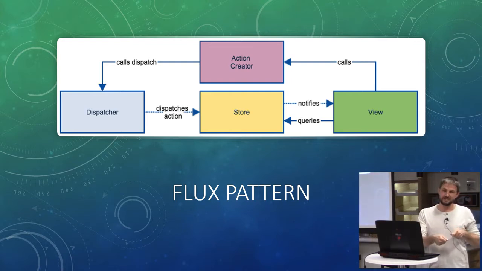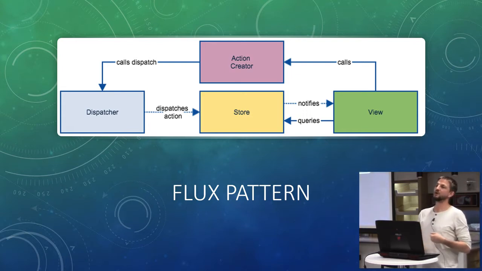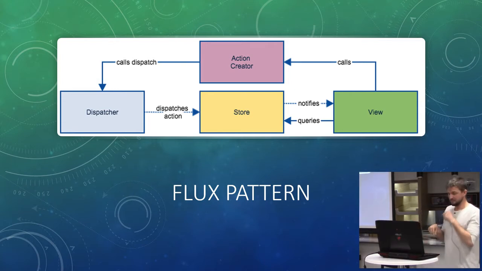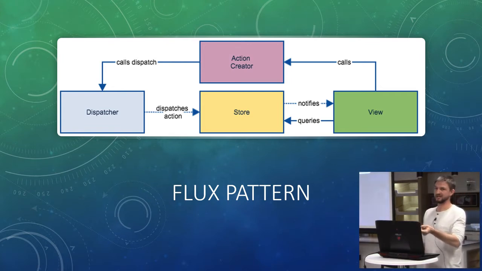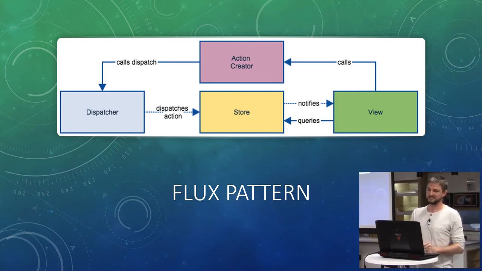So everything that consumes state in your application only receives that from one place. And there's only one way to mutate state. You dispatch something called an action, which is a plain object, and it has some metadata. And whatever consumes that action knows what to do with it and knows how to mutate state.